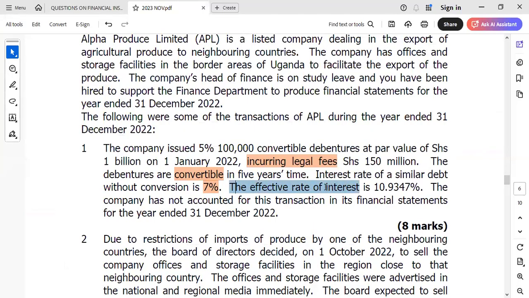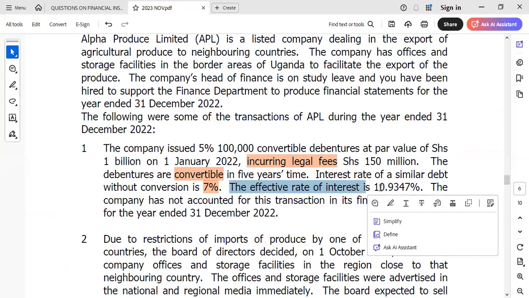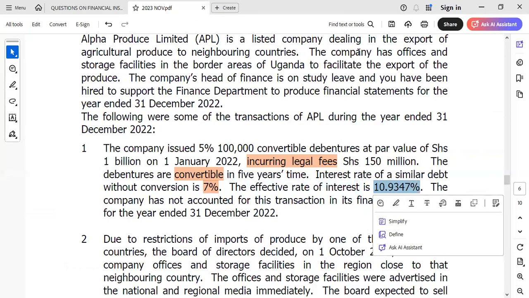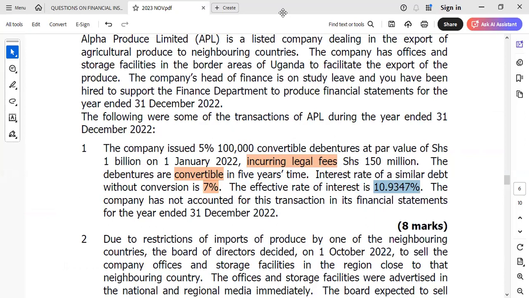As you get the interest cost or expense, you use this rate, the interest rate of similar debt without conversion. It helps you at initial recognition. Why?